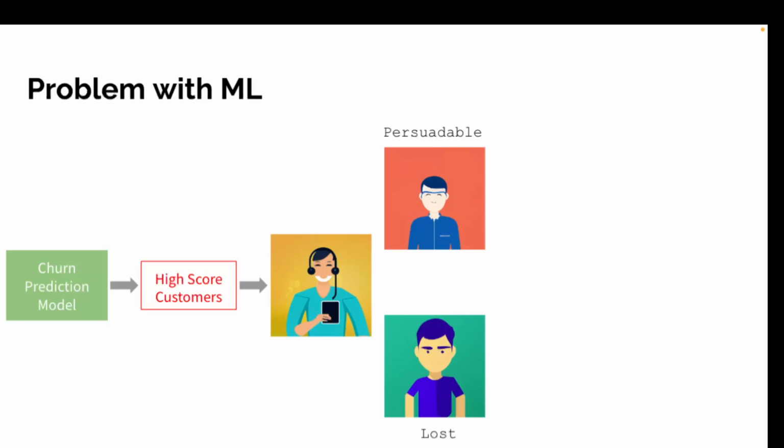But that's also something we don't want to do, because we don't want to waste our resources just calling people who are going to leave anyway, right? So that's the problem, that if we simply retrain the model without taking into account the intervention that we made, it's going to lead us to wrong decisions, right?